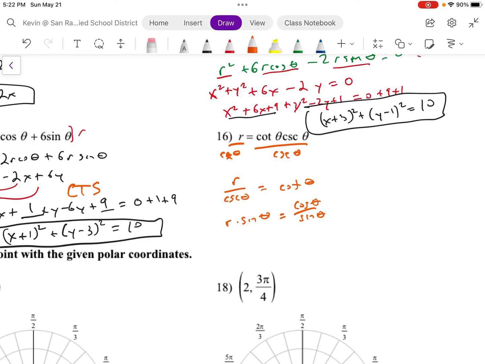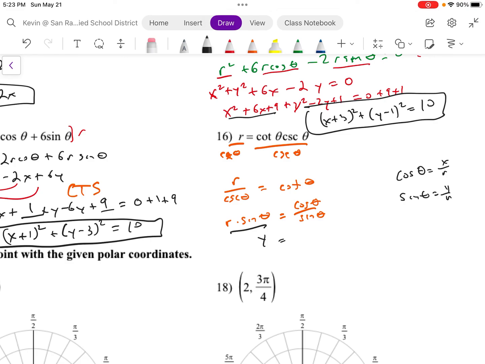Okay, now I'm going to use the fact that r sine theta equals y, and the fact that cosine theta equals x over r, and sine theta equals y over r.